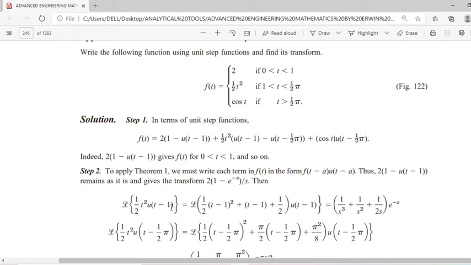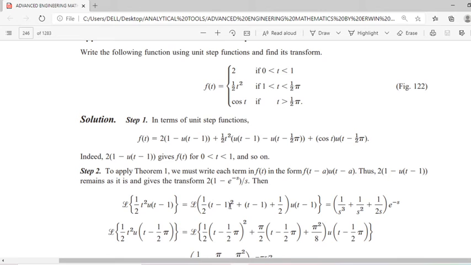So what will that be? For t square into u of t minus 1, instead of t square we can write it in terms of t minus 1, so t square is written like this: (t minus 1) square plus 2t minus 1, that is t square minus 2t plus 1.